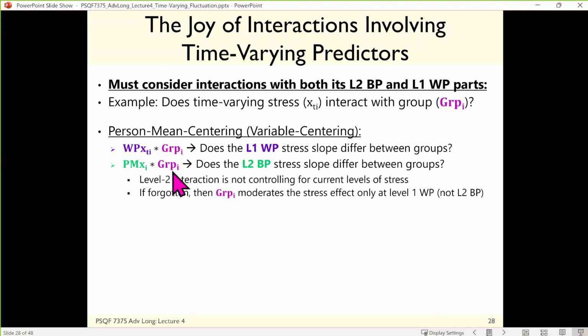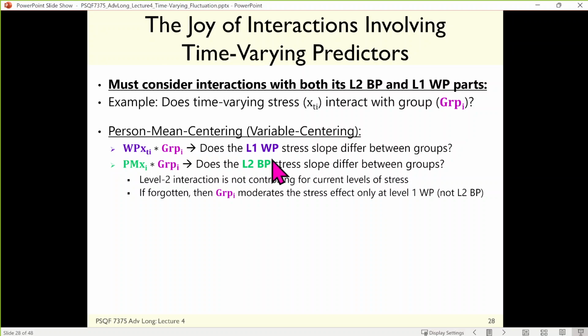The person mean X by group interaction is a level 2 interaction. So the first one, within person X by group, is cross level because it's level 1 by level 2. The second one is a totally level 2 interaction. This would ask whether the between stress slope varies by group.